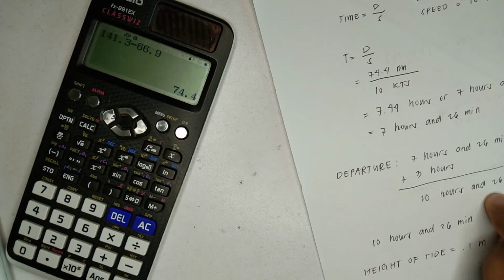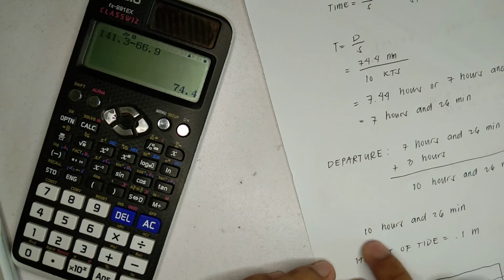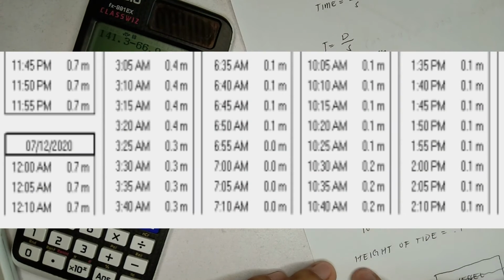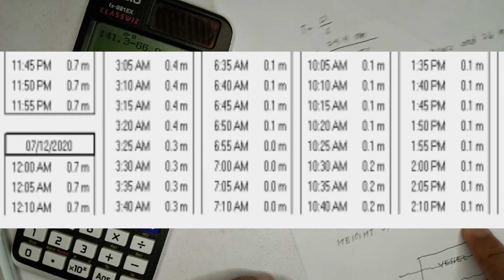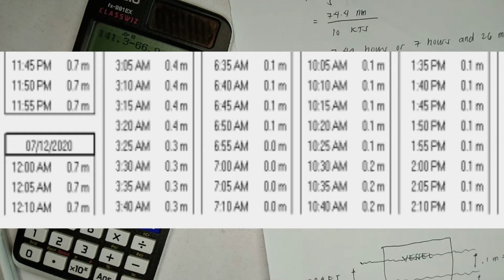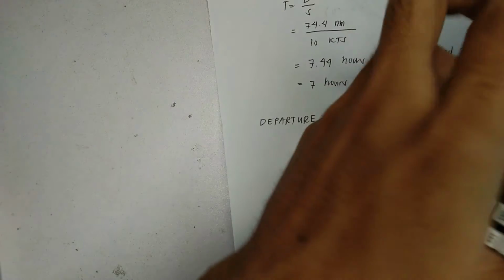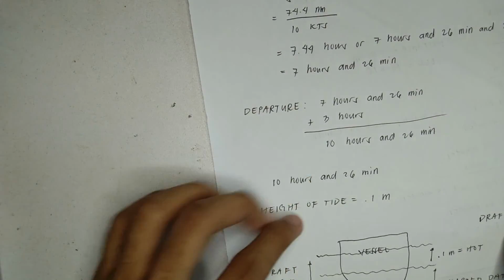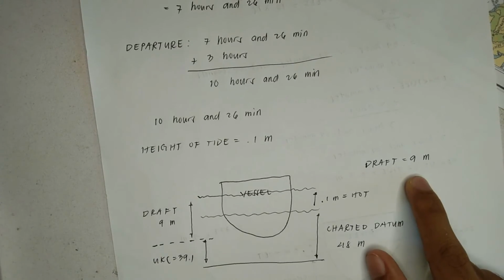So it's close. At 10 hours and 26 minutes, we had a height of tide of 0.1 meters. And now we have to calculate the UKC of the vessel. So still we have a draft of 9 meters.